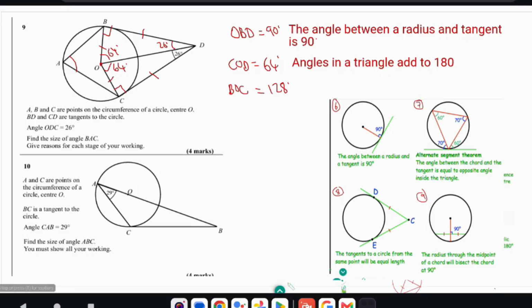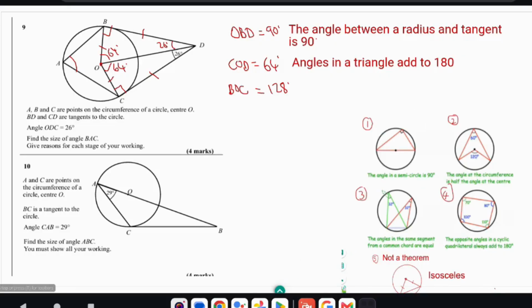Now, hopefully you've spotted we've got an arrow here. We've got an angle at the centre and the angle at the circumference.